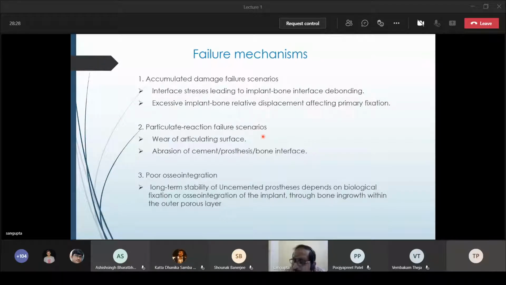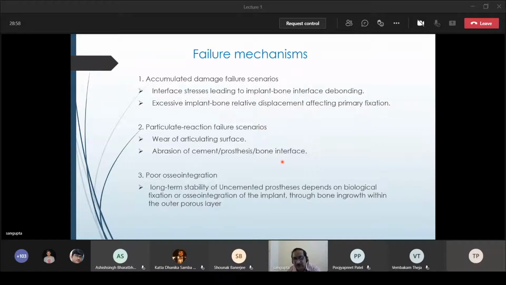And with a lot of wear particle debris, it can react with bone cells and any body cells, bone, blood, other tissues as well. So this is a big area where a lot of research goes on, biotribology. The tribological aspects of the implant material are of important consequence.